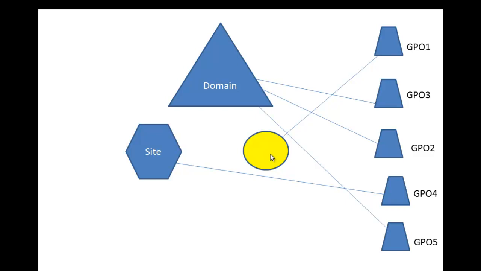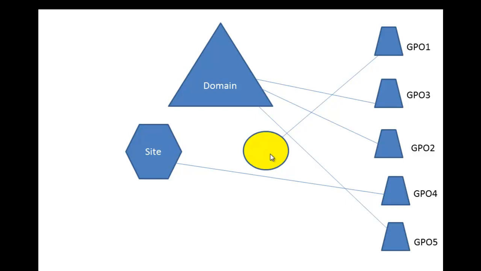As long as the user is a member within Active Directory, the normal order would be site, domain, OU, of course, with the local policy coming first.